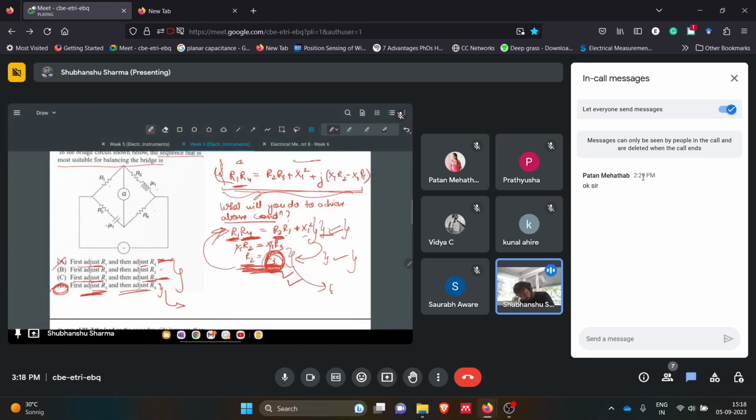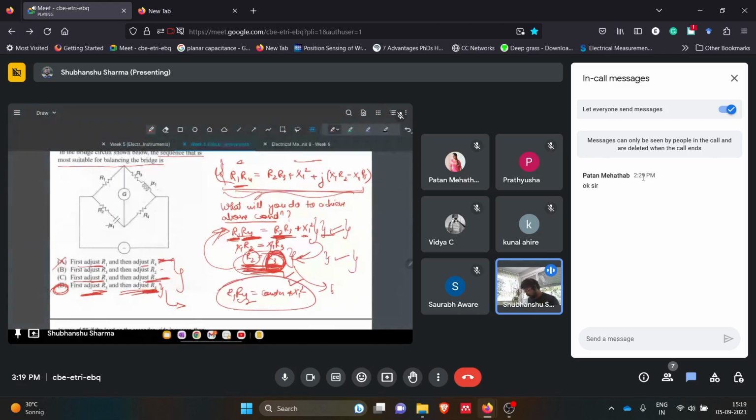Since R3 equals R2 is already done, we don't have to care about this. Now it becomes R1 R4 equals some constant plus X1 squared. So if we then adjust only R4, we can somehow achieve this value.